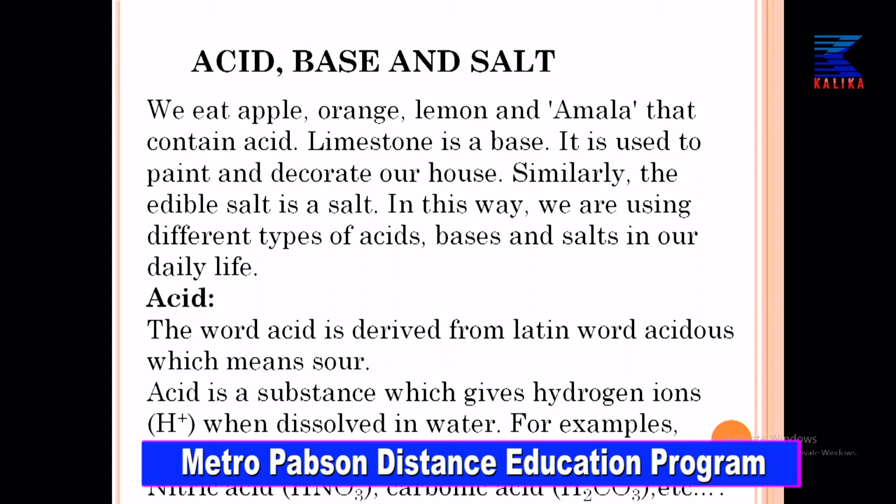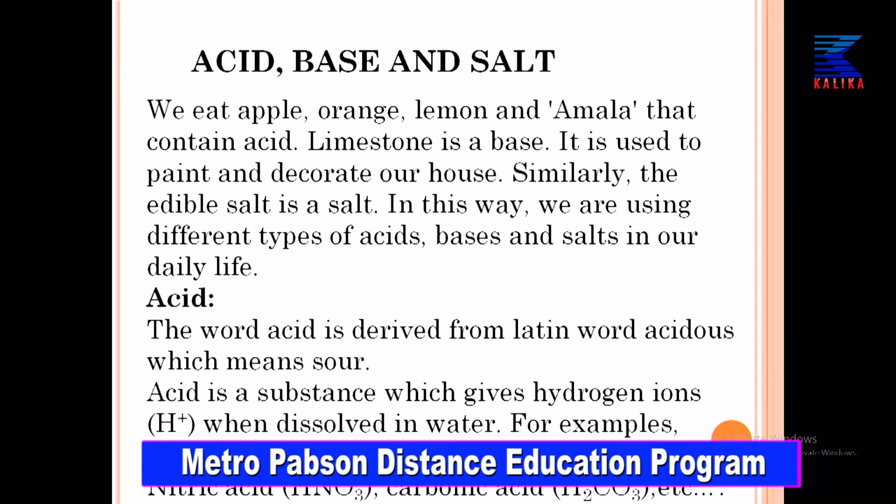For being acid, a substance must contain hydrogen ion. See the examples: hydrochloric acid HCl, sulphuric acid H2SO4, nitric acid HNO3, carbonic acid H2CO3. These acids when dissolved in water give H plus ion, that is hydrogen ion.